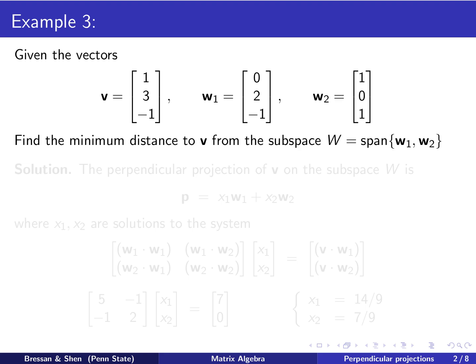We're given three vectors of length 3, so they're in R3. We have V, and two vectors we call W1 and W2.